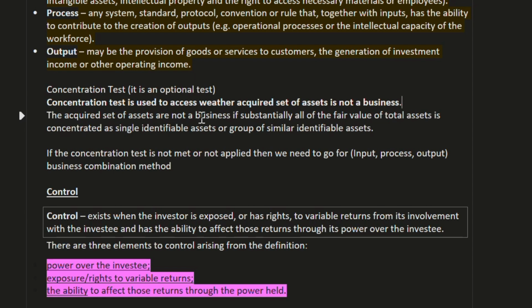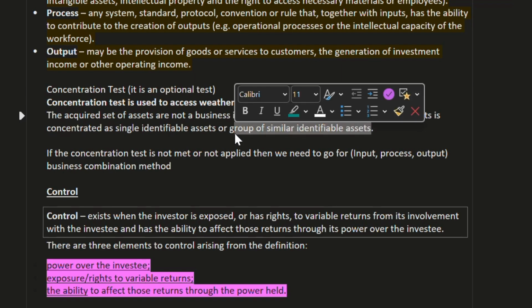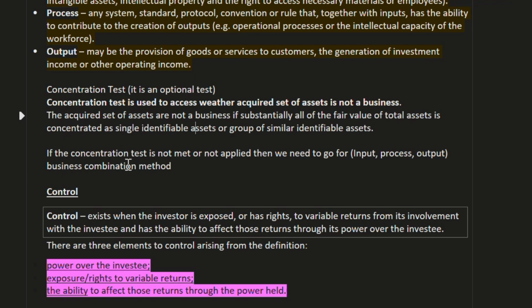The acquired set of assets is not a business if substantially all of the fair value of total assets is concentrated in a single identifiable asset, or a group of similar identifiable assets. Under both scenarios, it is not a business.